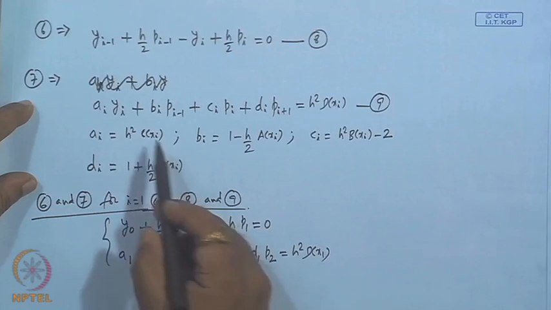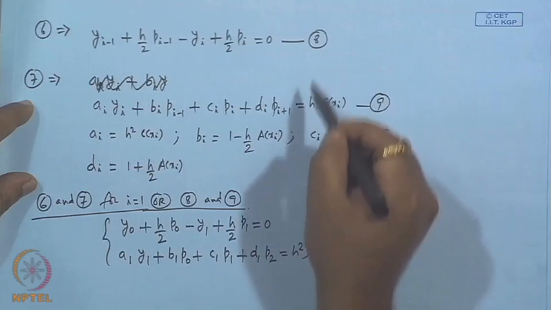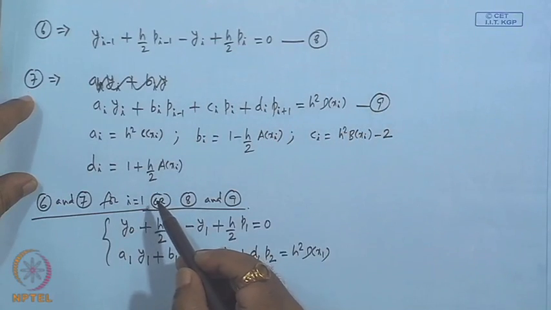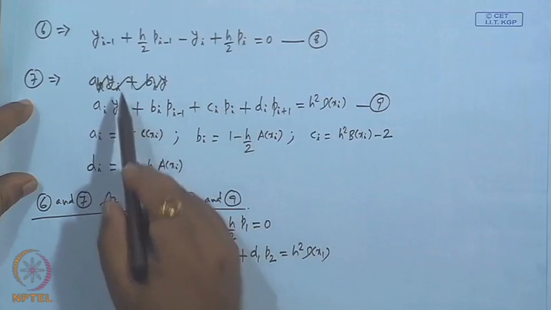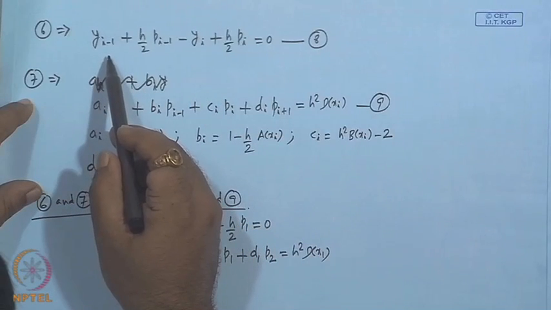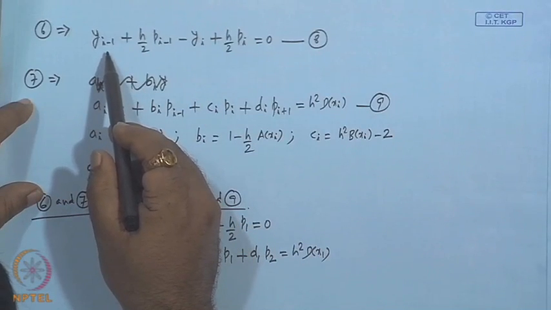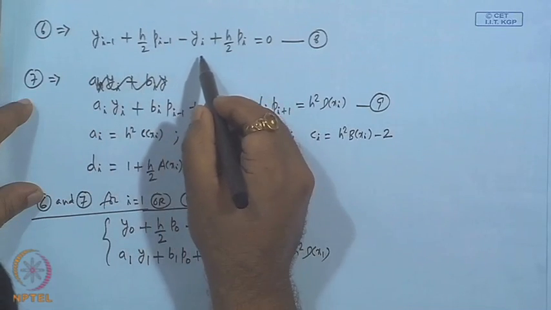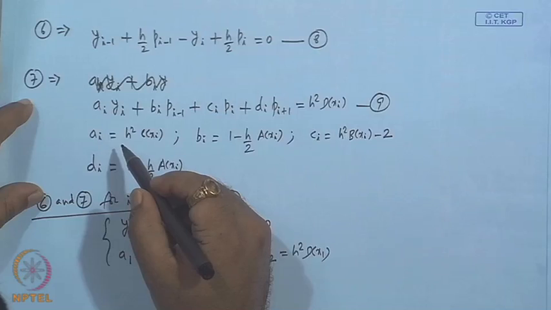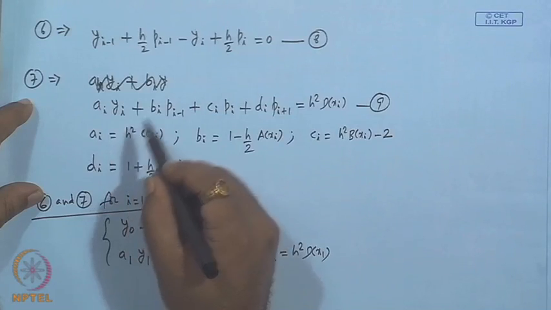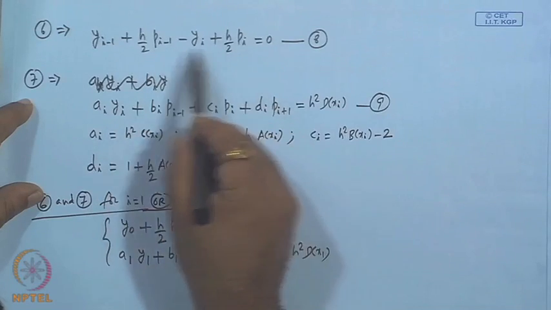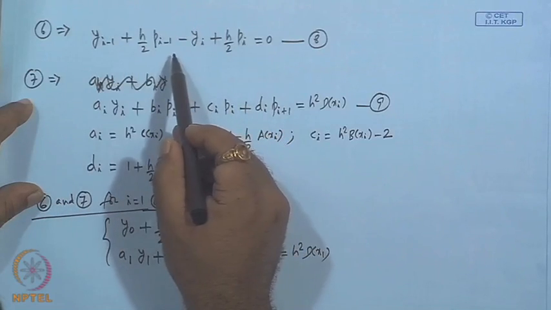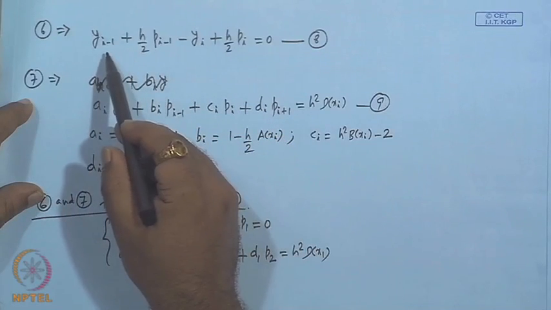Now, these two, that means these two we need to run from 2 onwards, right. So, let us look at it. If we run for 2, y 1, then p 1, y 2, p 2. So, from this we have a vector. What is the vector?